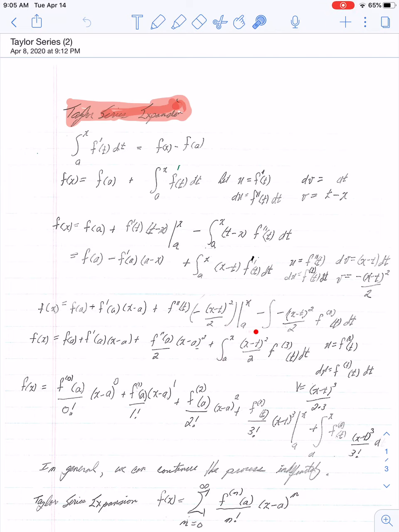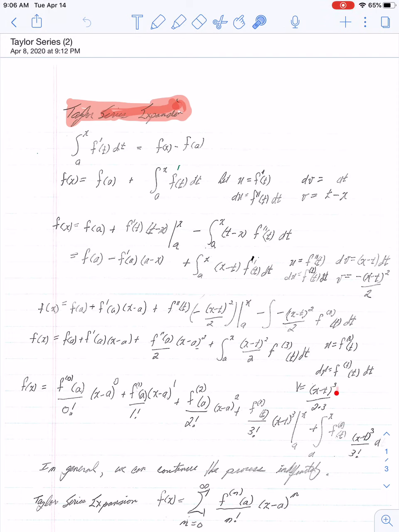Guess what I'm going to do? I'm going to do parts on this again, where u is this now, f upper 3, so what's du? f upper 4. dv has got to be everything else, which is this dt.